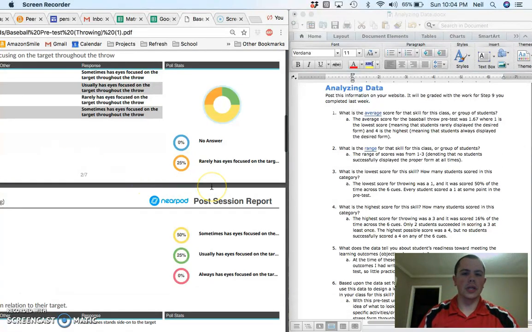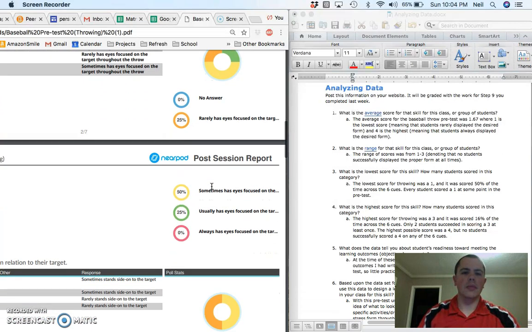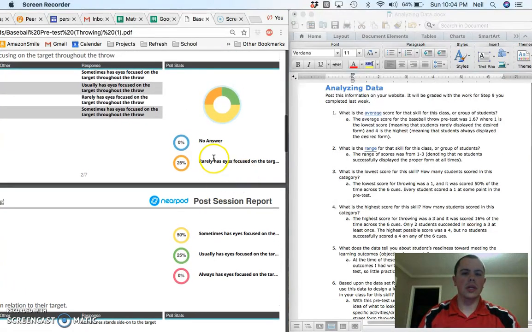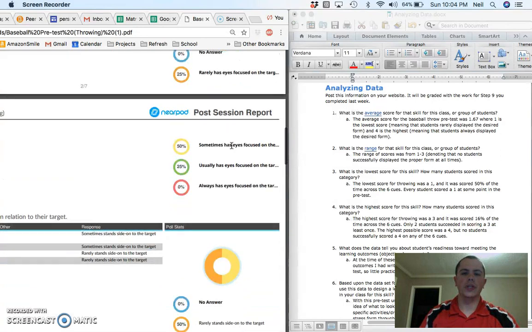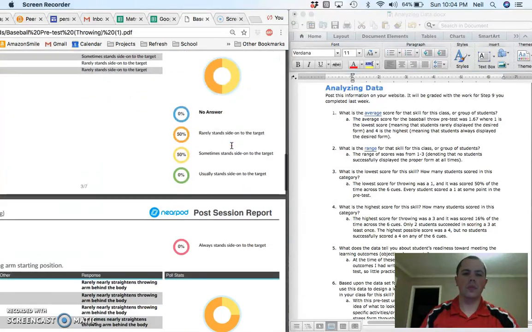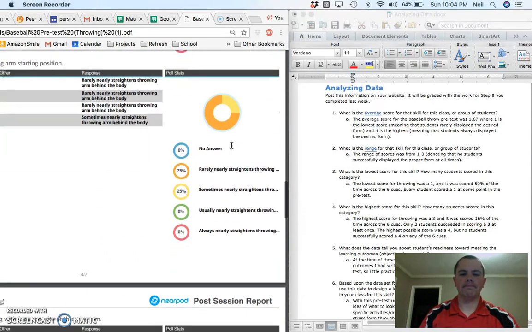You can see on the left side of the screen the individual cues and the breakdown of what percentage of the class selected which option.